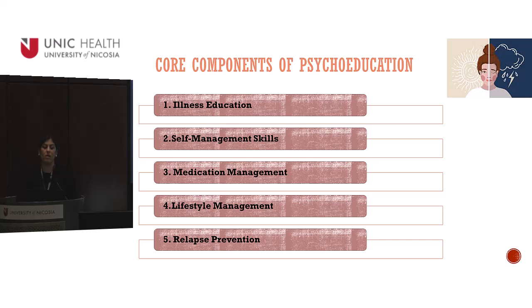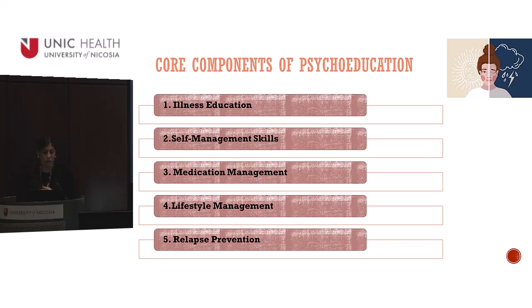This involves providing patients with accurate information about bipolar disorder, including its symptoms, causes, and treatment options. It helps patients better understand their condition and make informed decisions about their care.